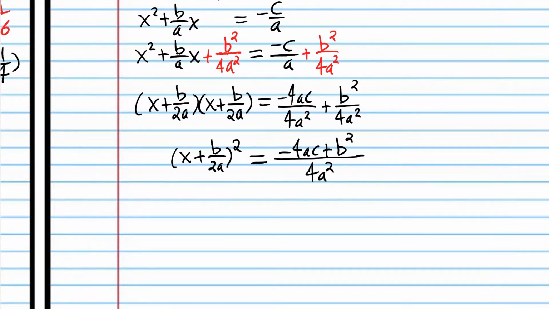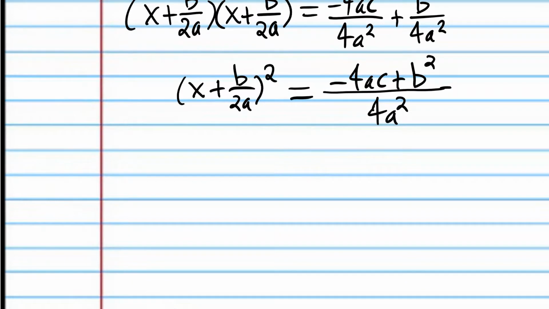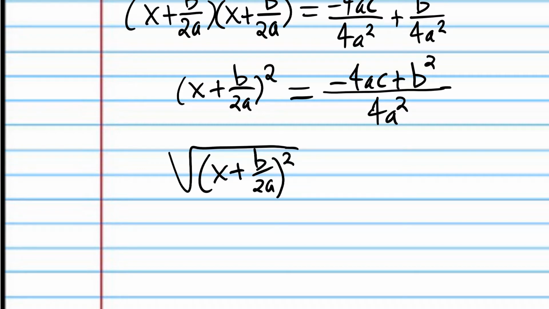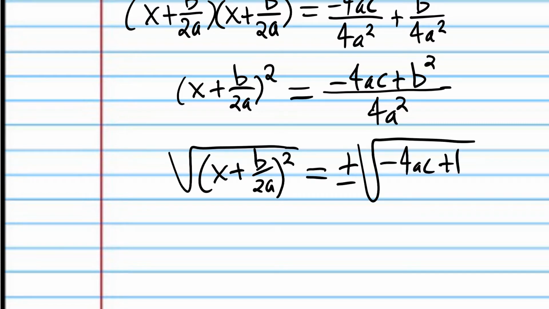And now we have to get rid of this square, this power notation. So obviously we're just going to square root both sides as usual. And remember, whenever you square root, you have to put a plus or minus on the side opposite the variable.